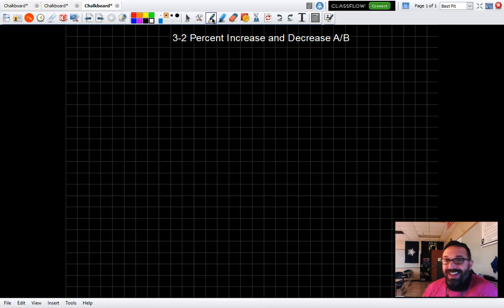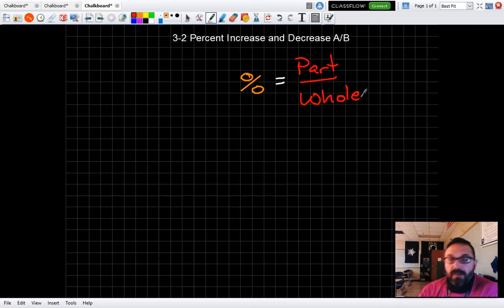So percent increase and decrease, a couple of things you need to remember just mathematically. Percent is the same thing as saying part over whole, or the percent would also be equal to the decimal value divided by 100, percent being 100.